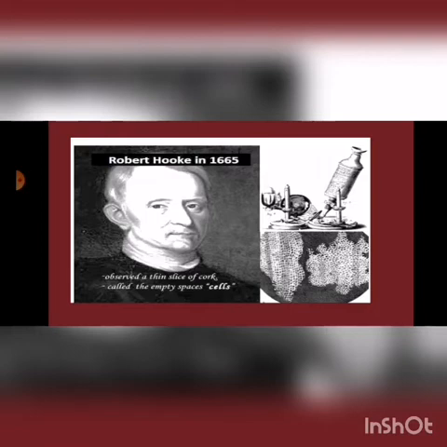He noticed that each box was separated from the other by a partition or a wall. He was the one to name each of these boxes as cells. Cork is a part of the bark of a tree.